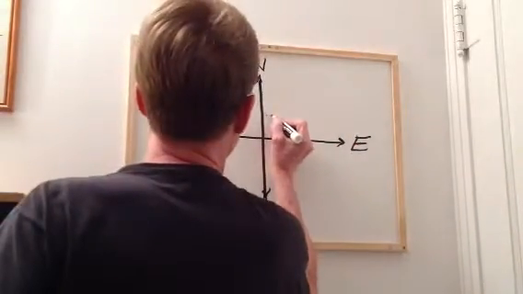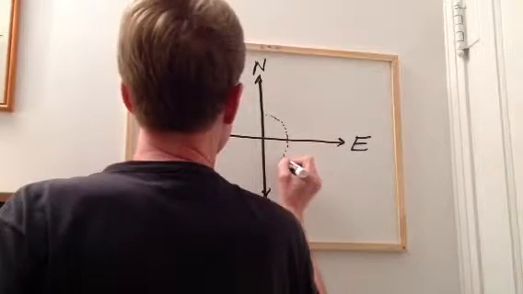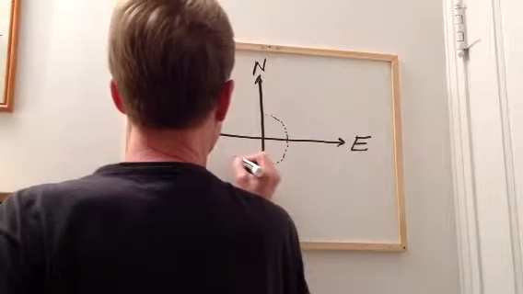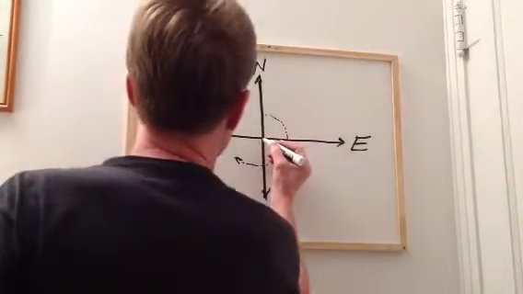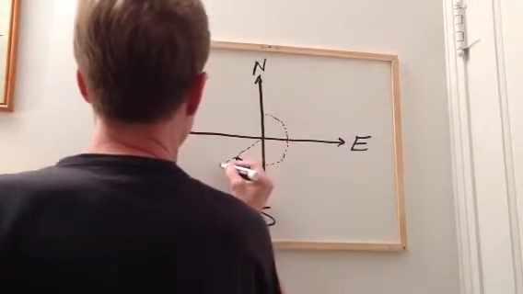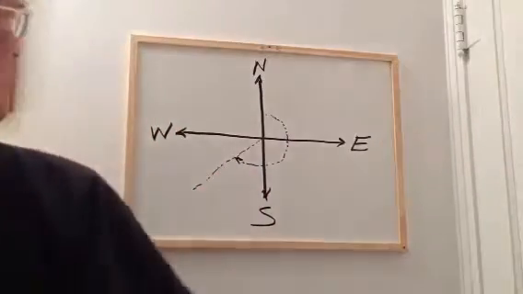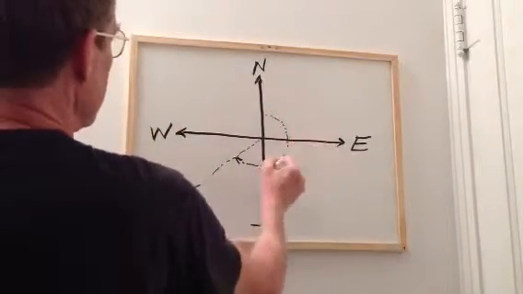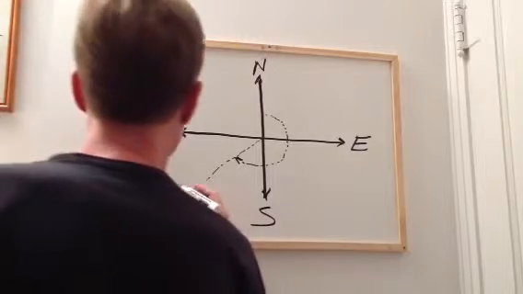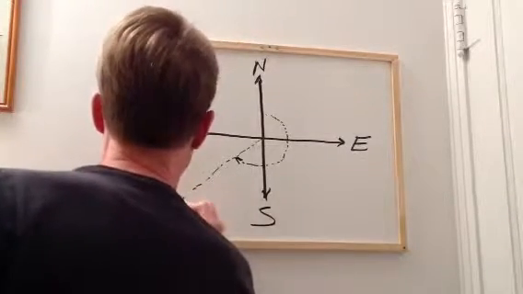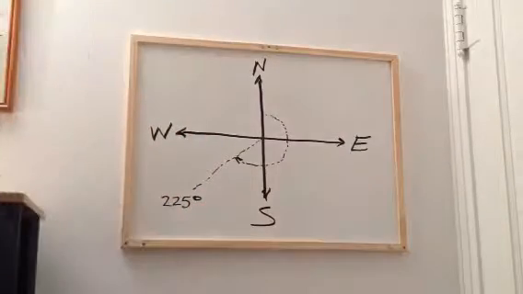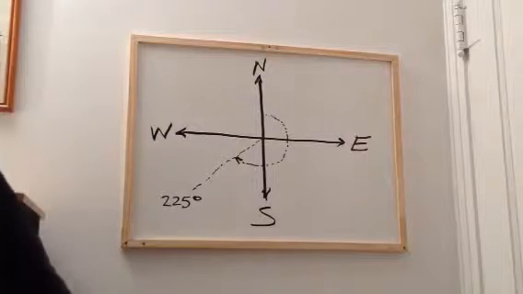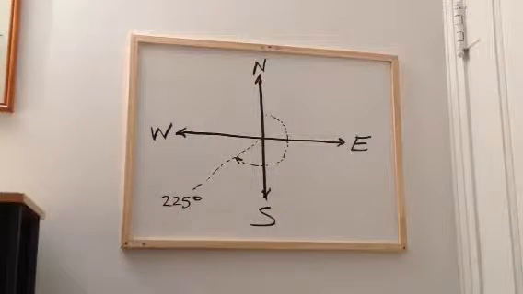Sometimes people will express the direction going around clockwise from north in degrees. This particular direction here would be about 90, 180 plus 45, roughly 225 degrees. That's the direction, and that is southwest, as you can plainly see.